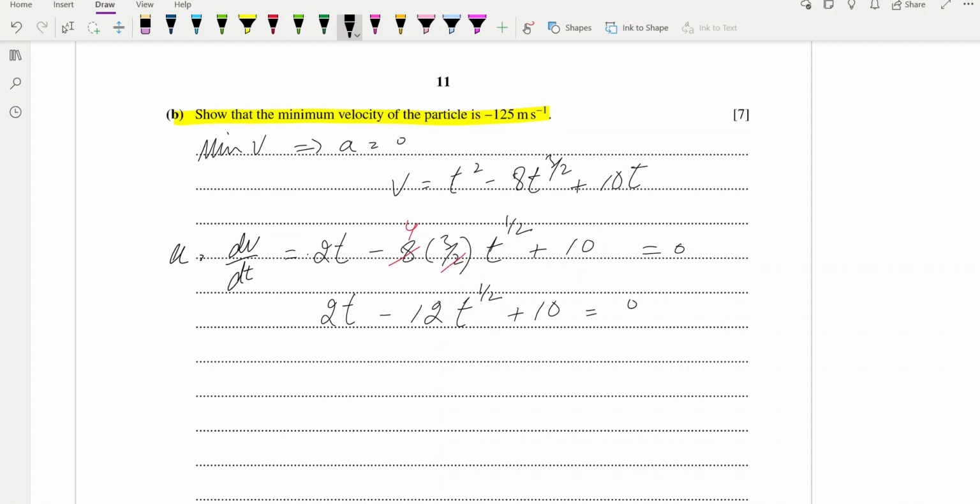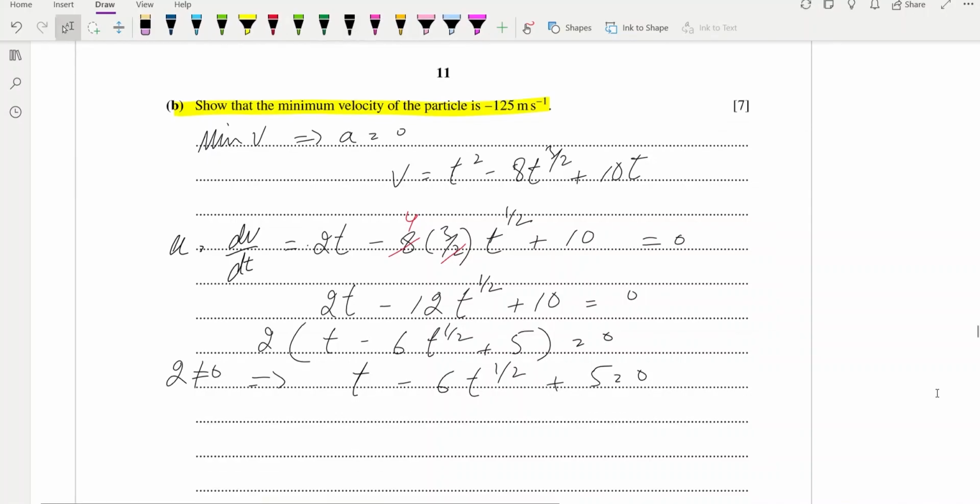Now we can take 2 common, and inside will be t minus 6t raised to 1 by 2 plus 5 is equal to 0. And as 2 is not equal to 0, this implies t minus 6t raised to 1 by 2 plus 5 is equal to 0.